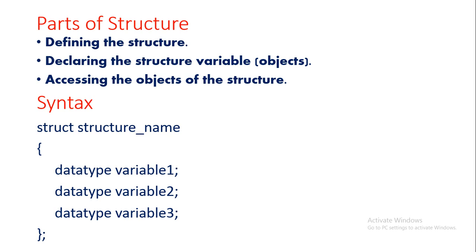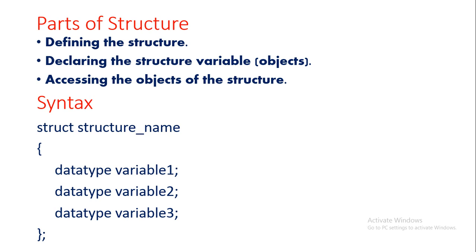Don't forget, at the end of the structure we have to put a semicolon. Once again I am repeating: struct, structure name, open braces, declaration of variables, close braces, and you have to put a semicolon.